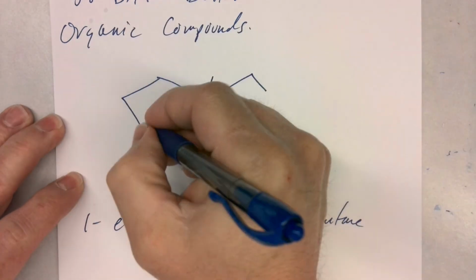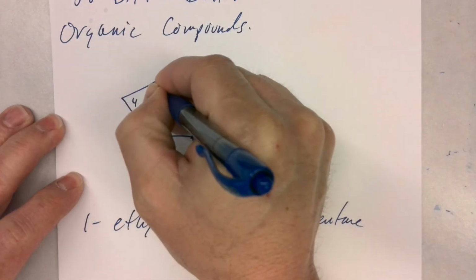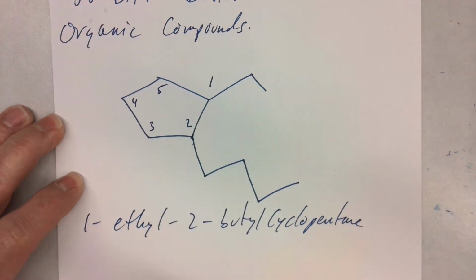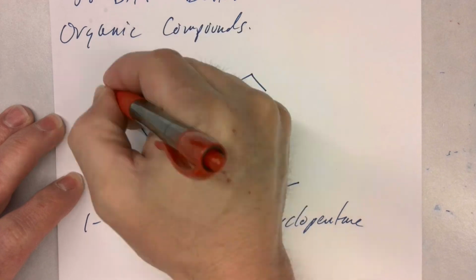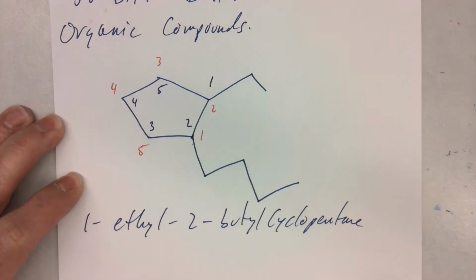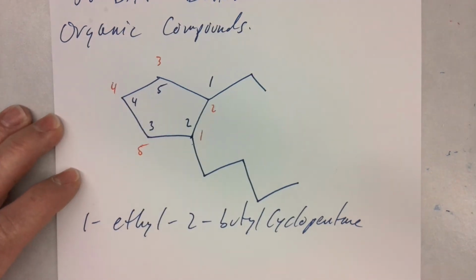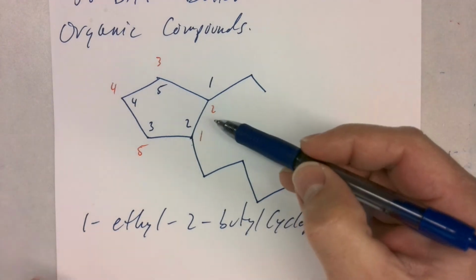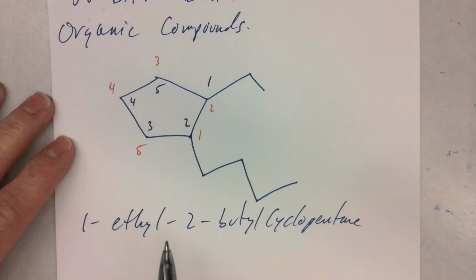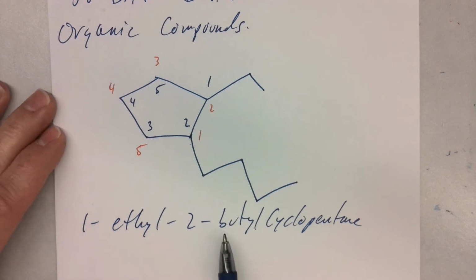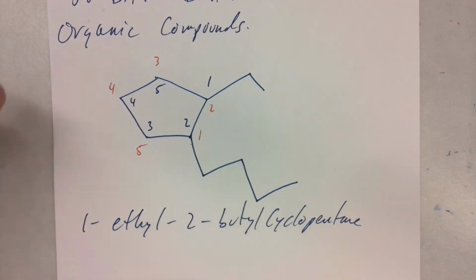The others don't really matter, but I go 1, 2, 3, 4, 5, right? Or, because it's cyclo, I always start with the branch, I could go the other direction, 1, 2, 3, 4, 5, correct? Now, what they're saying is that because this sum is going to be 3 regardless of which way I write it, I would always go with the lowest number with whatever's going to come alphabetically first, right?